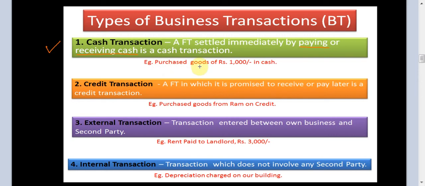For example, purchase goods of rupees 1000 in cash. Purchase goods, so goods have come into the business and the cash has gone out of the business.